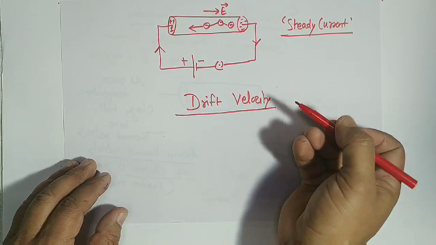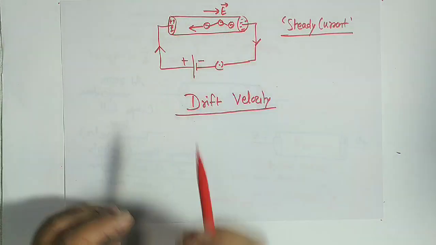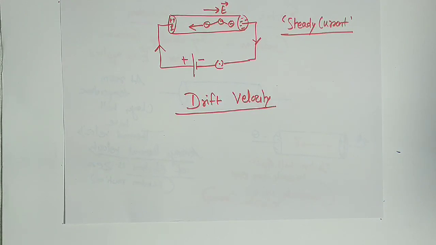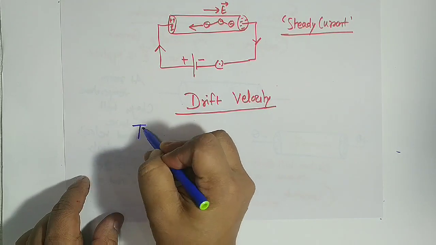Are you getting it? Electron is moving from the negative end to the positive end. And what is the drift velocity? Drift velocity is very, very important. You know that it is actually the average velocity. I'm writing the definition.